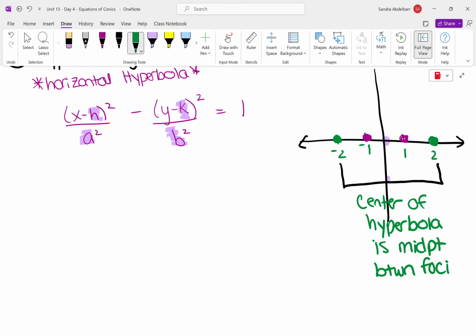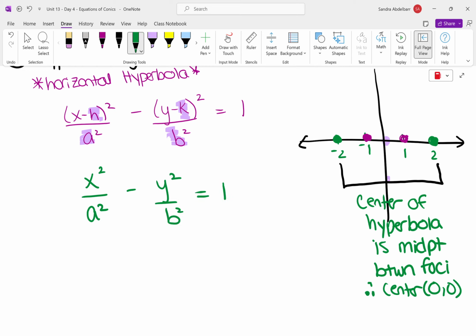So now we know the center. Therefore, center is 0, 0. So now we are at x squared over a squared minus y squared over b squared equals 1. So we got h, k done with.